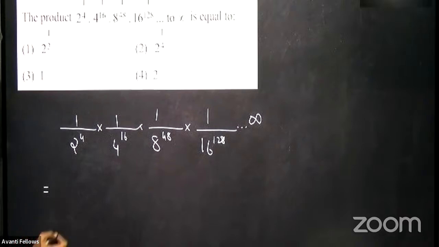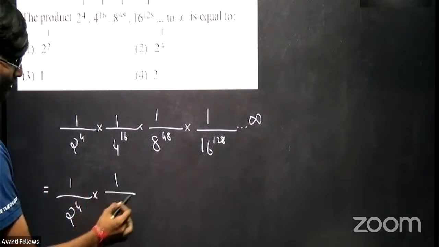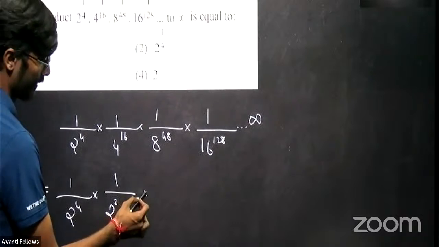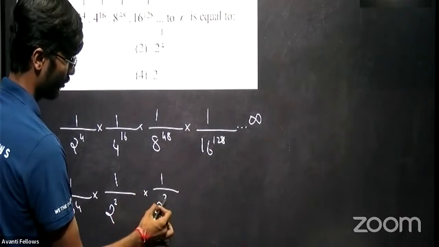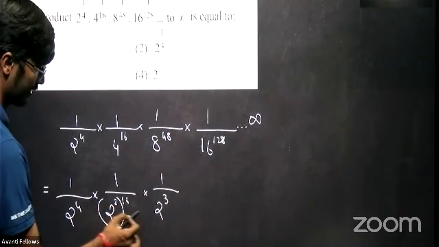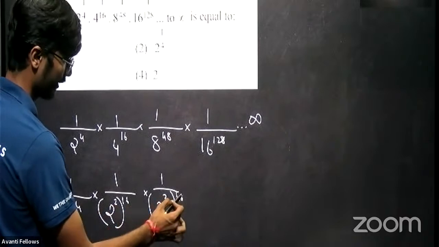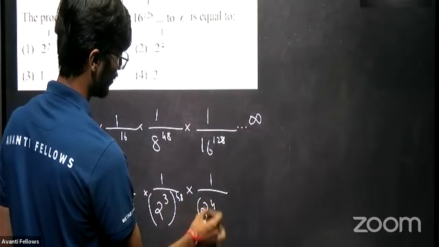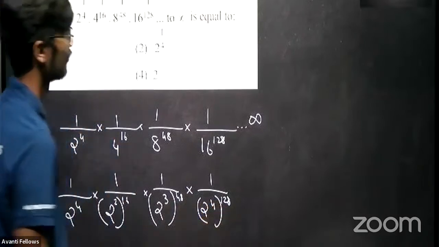Very simple. 2 raised to 4 into 4 को I can write 2 square, and 8 as 2 cube.